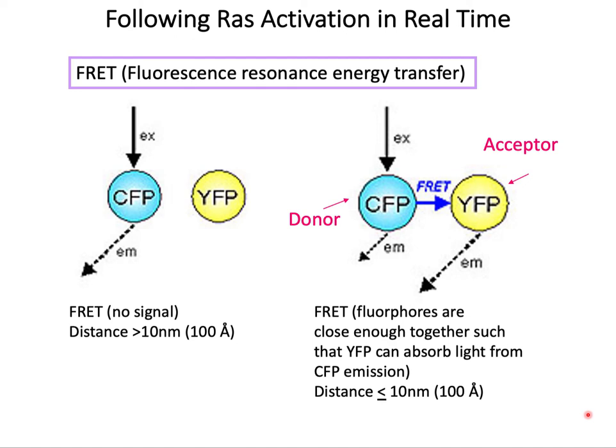Again, I remind you that this is a powerful fluorescence technique in which you can tag two entities in the cell with fluorophores, and as long as the fluorophores are a good FRET pair, in other words, the emission wavelength of the donor fluorophore is the excitation wavelength of the acceptor fluorophore, you can use this to determine how close two entities are in the cell. And in our particular discussion, you can use this to follow RAS activation in real time to see how quickly RAS can be activated by these receptor tyrosine kinases.